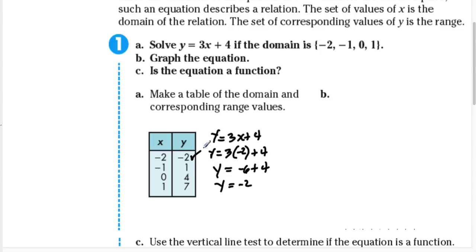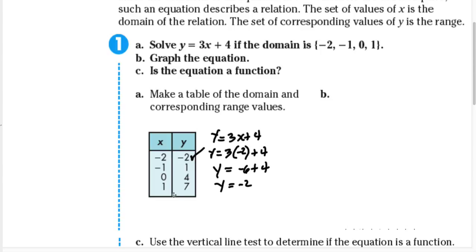We do this for -1, 0, and 1, and the corresponding values for y would be 1, 4, and 7.